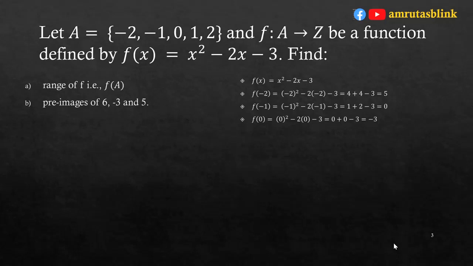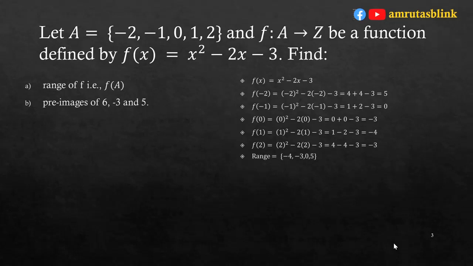f of 0 is equal to 0 square minus 2 into 0 minus 3, that is 0 minus 0 minus 3, which is equal to minus 3. f of 1 is equal to 1 square minus 2 into 1 minus 3, that is 1 minus 2 minus 3, which is equal to minus 4, and the last element is f of 2, which is equal to 2 square minus 2 into 2 minus 3, that is 4 minus 4 minus 3, which is equal to minus 3.